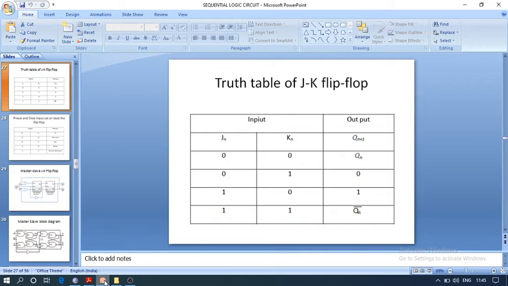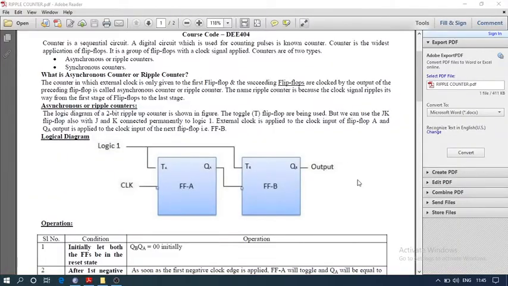When J and K are 0 0, the output is Qn, that is the previous state, and when J and K are both 1, then the output is toggled, Qn bar. So the ripple counter can be designed using T or JK flip-flops. The flip-flops are used in toggle mode.